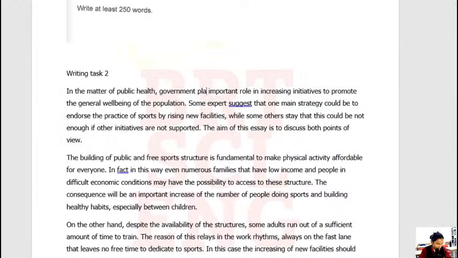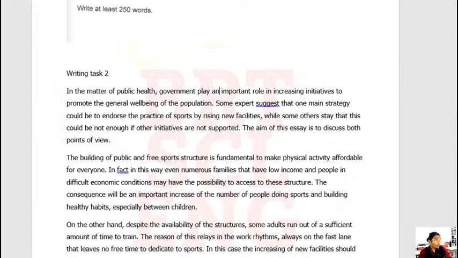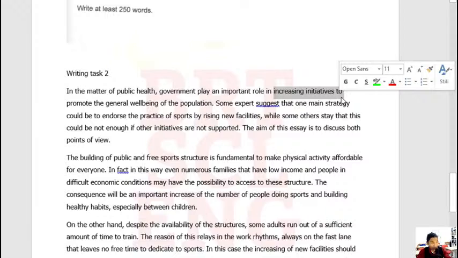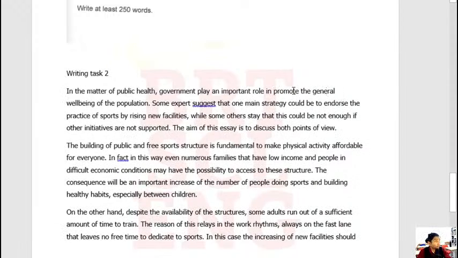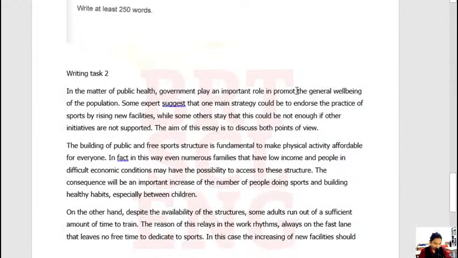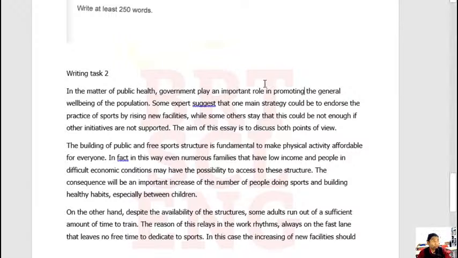Government play an important role in increasing initiatives to promote health. I would just say important role in promoting the general well-being of the population. This is a simpler sentence.